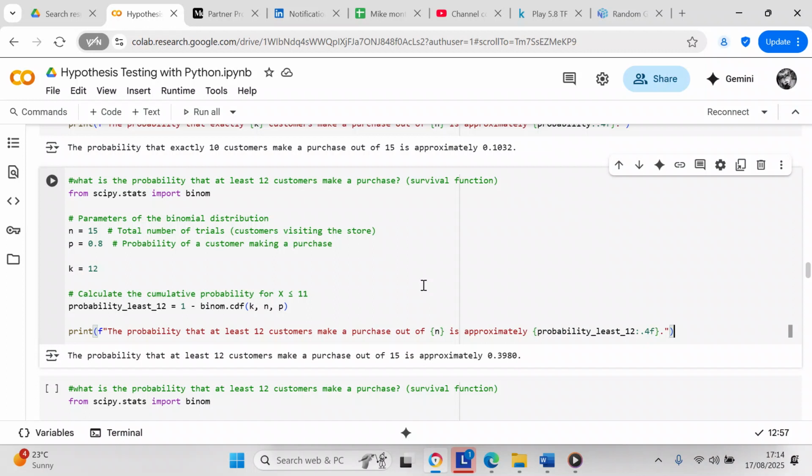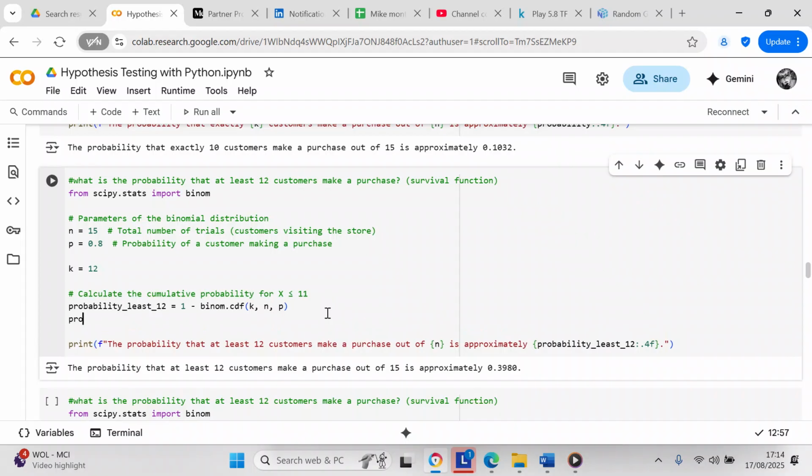So we're going to calculate the cumulative probability of x less than or equal to 11. So probability at least 12 equals 1 minus binom.cdf, k equals 12, n equals 15, p equals 0.8. But there's also another one.